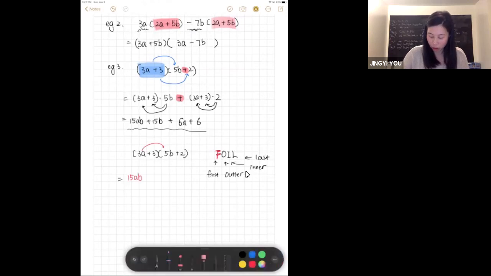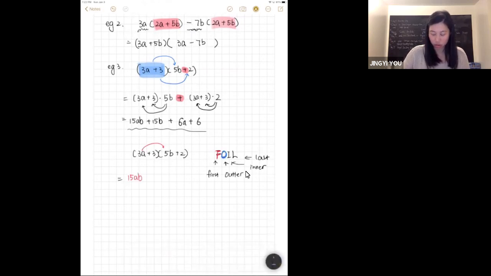The second part is outer. What's the outer? That means 3a times 2, which is outside of each parenthesis. They're both positive, so it's a plus, which is 6 times a.